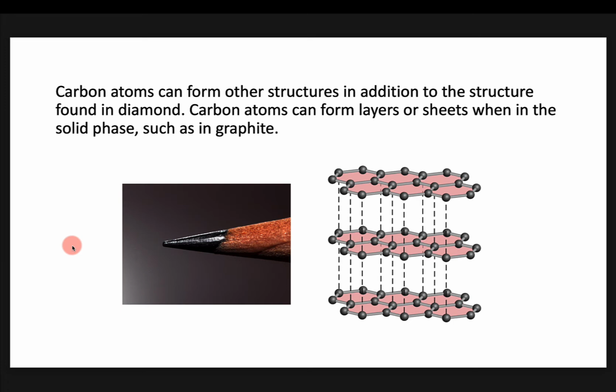Now, if you look closely at our image of graphite, you might well wonder what is happening here, because each carbon atom is surrounded by only 3 groups. And so how does that work? Like, what is actually happening to the carbon atoms in graphite?